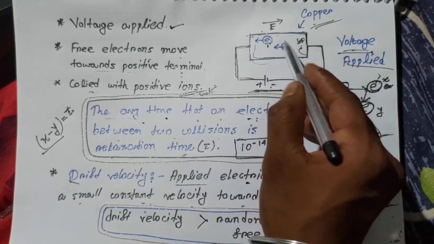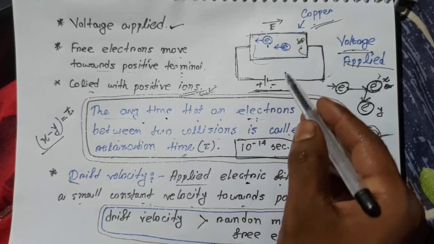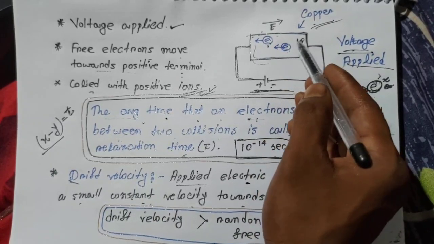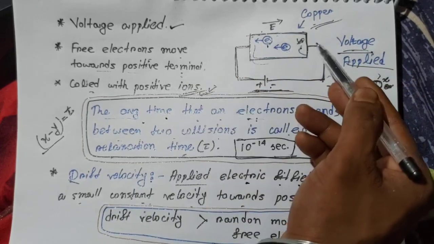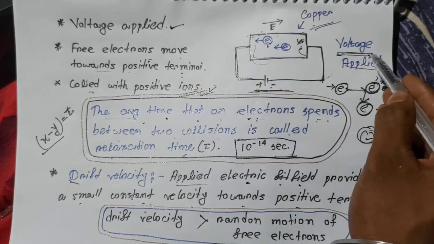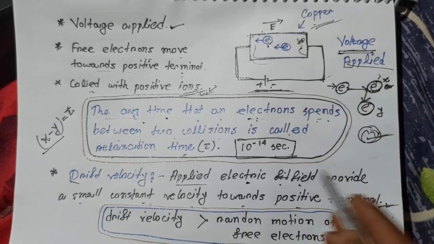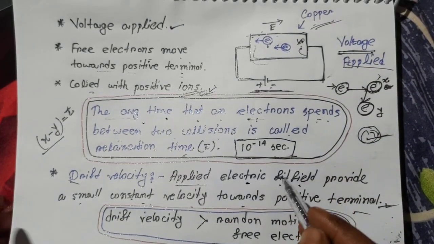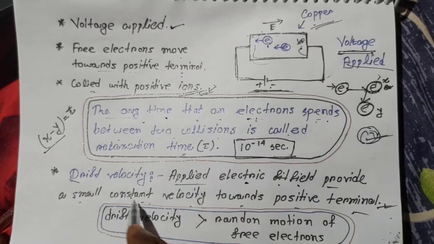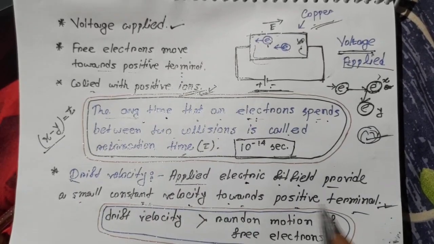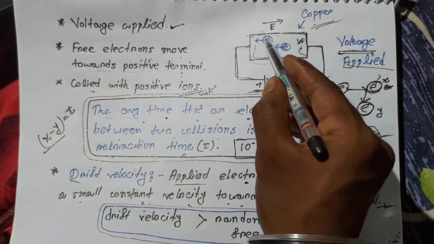They are not able to flow in any particular direction, but when you apply a voltage or electric field, it provides a small constant velocity towards the positive terminal to those electrons.